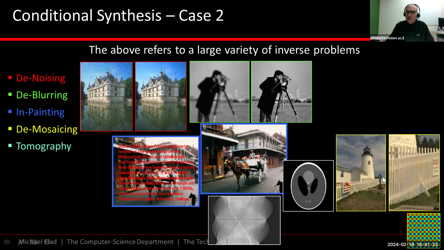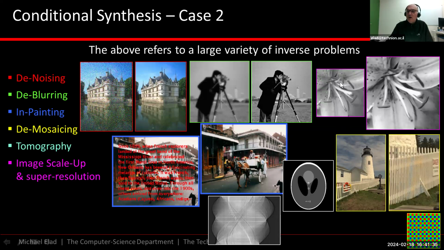We have been through this. Tomographic reconstruction, where you have projections and you want to take basically the reverse operation in order to come back to the image that has these projections. Super resolution, where you have a low resolution image and you want to enlarge it while creating something that is crisp and beautiful, etc. All these and many others are inverse problems.